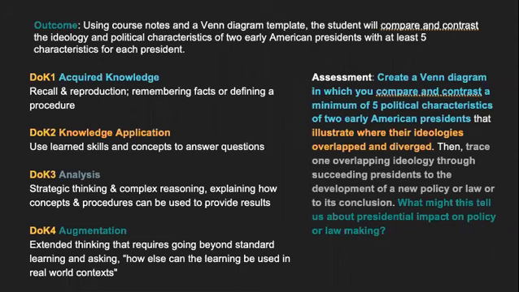And then you can move toward, right, discussing ideologies and how those ideologies overlap and where they diverge. And then you could move them toward tracing those ideologies through succeeding presidents past the 2 that they selected, and so on and so forth. So you can see how we can scaffold and organize the content of our instruction as well as the content of our assessments of this one outcome.